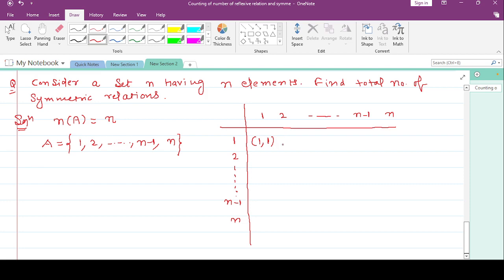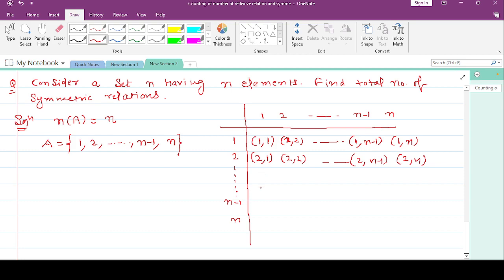The second element? (1, 2). The next? (1, n minus 1). Then (1, n). Then (2, 1), (2, 2), (2, n minus 1), (2, n).